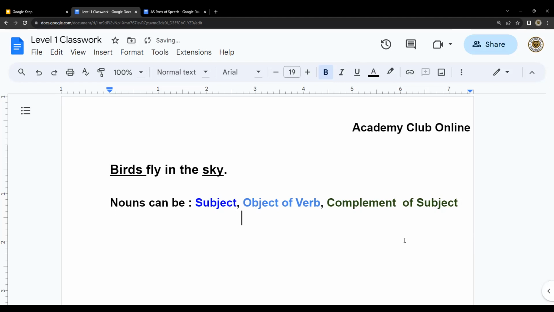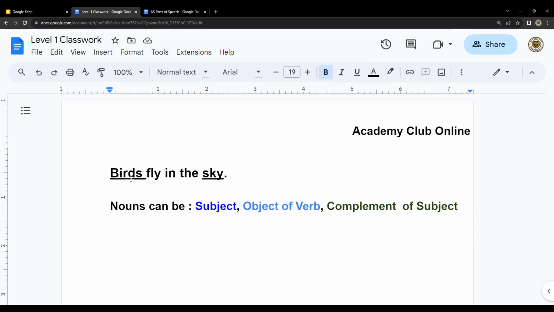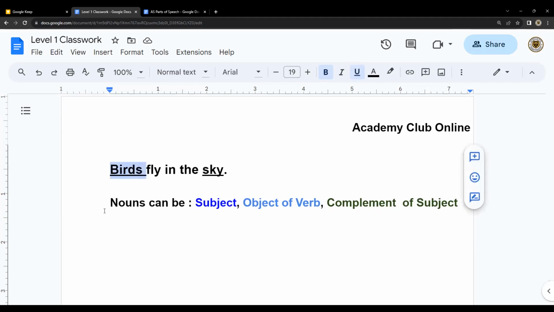Porque se va a poner maybe confusing. No, no tengo ahorita. Okay. So here, in our example, tenemos birds. In our example, what's the verb? Birds are subject.